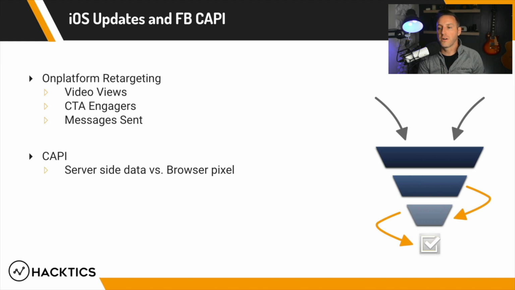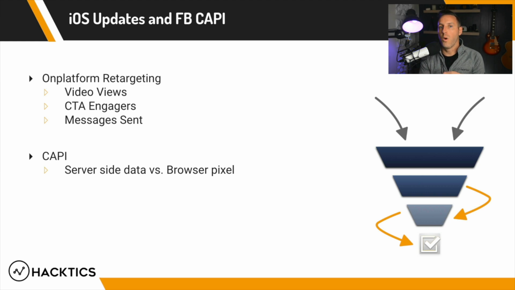Then there's something called the server side versus browser side. Once iOS came up with their update with iOS 14, a lot of people were able to opt out of cookies. Now, what cookies are is JavaScript sitting on a browser. Basically they've enabled this browser blocking so that your website couldn't track them.